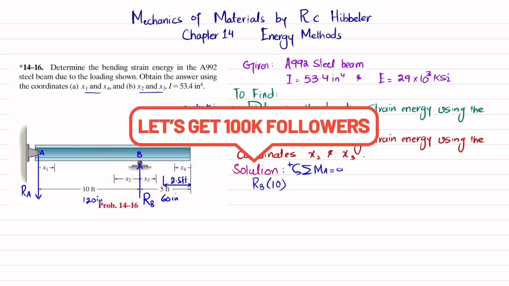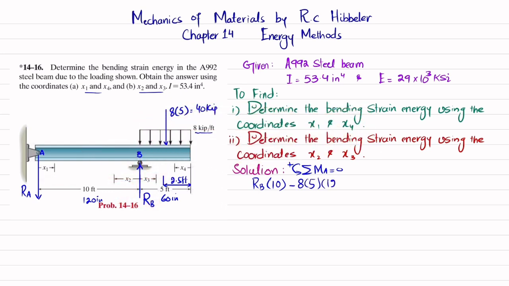So I will write minus 8 multiplied by 5 into the perpendicular distance 12.5. Their sum must be equal to 0. So 10 RB is equal to 8 multiplied by 5 multiplied by 12.5. From here you will get RB equal to 50 kips.